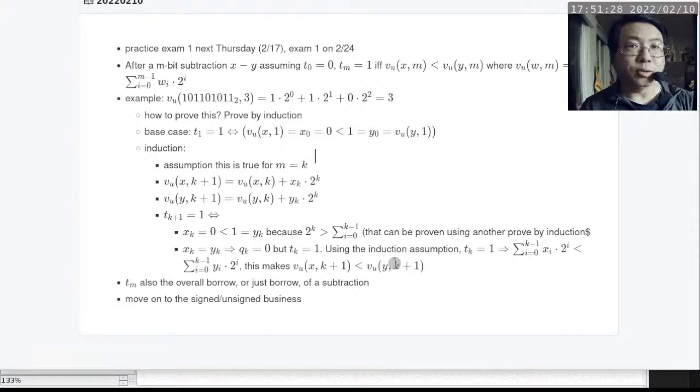As a result, we can also conclude that the least significant k plus 1 bits of x, in the unsigned interpretation, are going to be less than the unsigned value of the least significant k plus 1 bits of y. So that concludes the induction step.